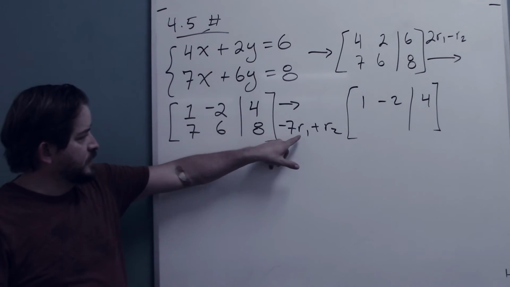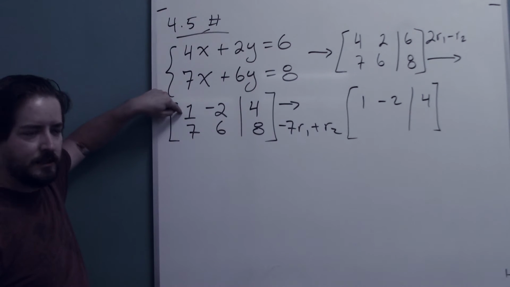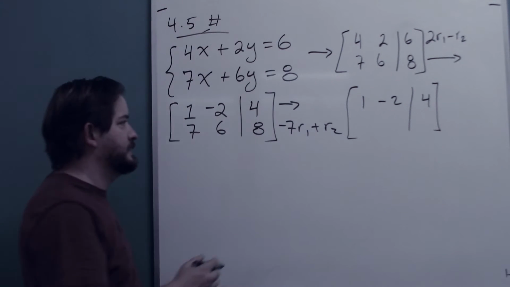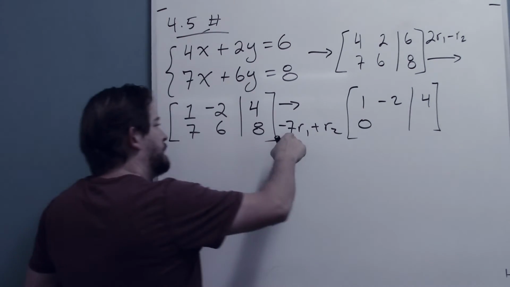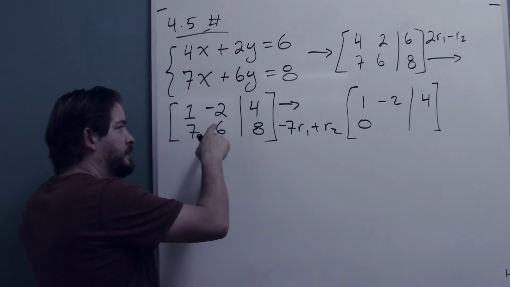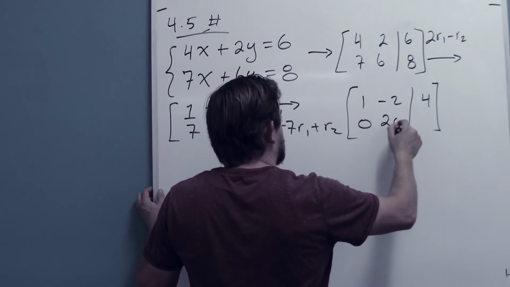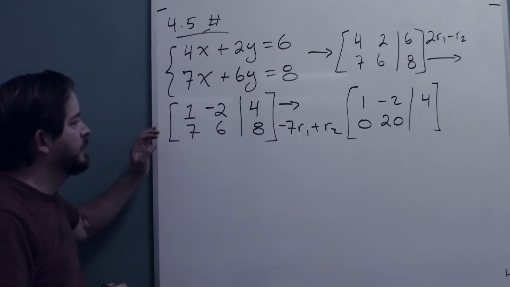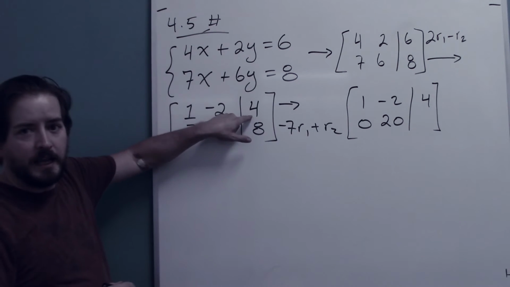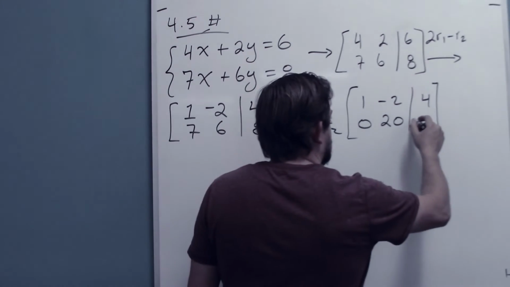Bottom row is negative 7 row 1 plus row 2, so negative 7 times 1 is negative 7, plus 7 is 0. Negative 7 times negative 2 is a positive 14, plus 6 is 20. Negative 7 times 4 is negative 28, plus 8 is negative 20.